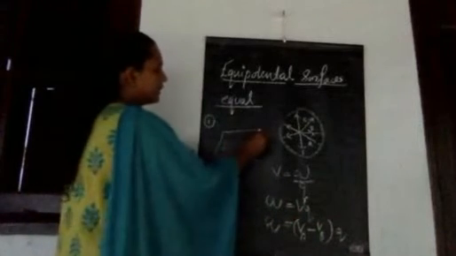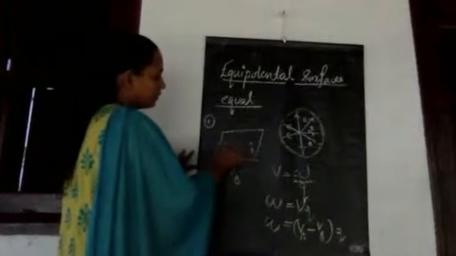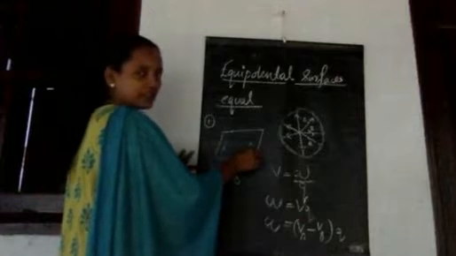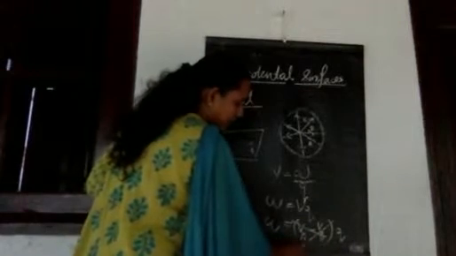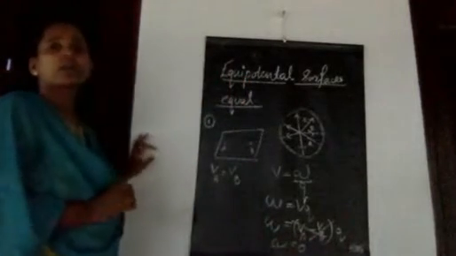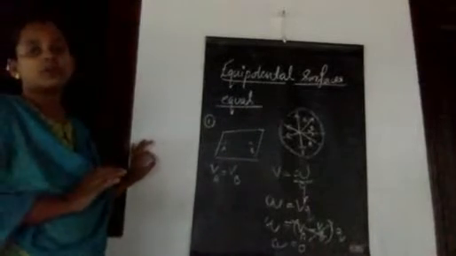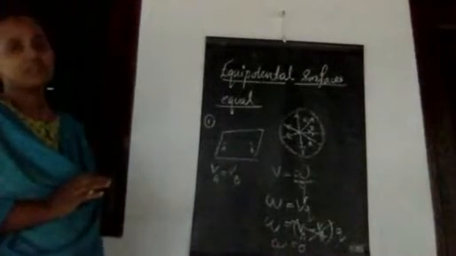But on an equipotential surface both points lie on the same surface with the same potential, that is VA equal to VB. Therefore work done will be equal to 0. Therefore no work is required to move a charge over an equipotential surface.